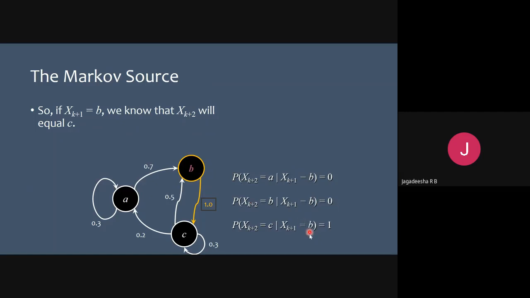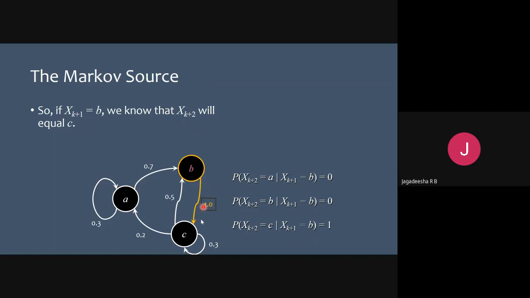Okay, now here, current state is B and next state is C. What's the probability? From B to C, yes, the probability is 1. That means it's very definite. From B to C, there is always a transition. In this example, if the source emits B, then it will definitely emit the next symbol as C, and nothing like B and A, B and B, that never exists in this case.